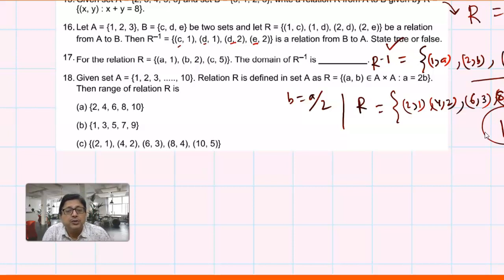Okay? So this way you can solve the problems. Range of the relation R is then going to be what? That 1, 2, 3, 4 and 5. 1, 2, 3, 4 and 5 is not there. So I think the other option is there, where you will find either it is none of these or these elements will be given over there. Alright.